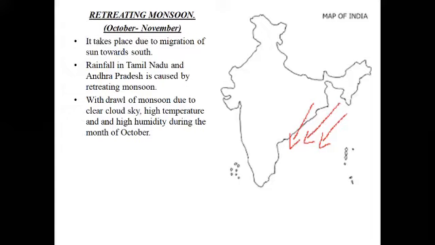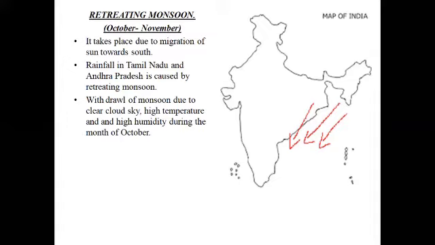Let me tell you again, when the wind starts moving towards the ocean, the first landmass that it strikes is the coastal areas of Andhra Pradesh and Tamil Nadu, where it causes heavy rainfall.